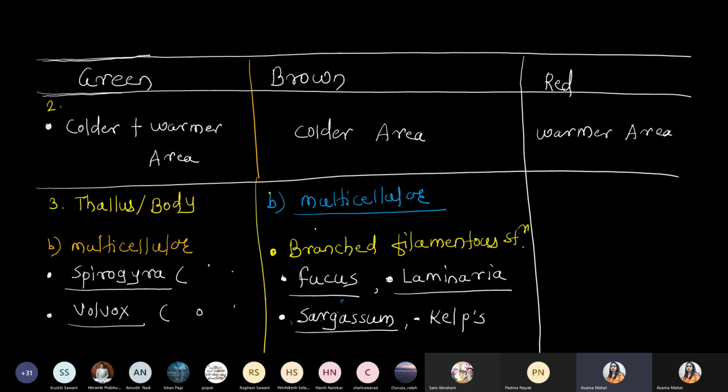So I'm writing the information. What is the meaning of kelps? Kelps basically are the common name for the brown algae. That's why we did not underline it. So Fucus, Laminaria, and Sargassum are the biological, botanical names for the brown algae, so please underline those words. But kelps is basically a very common name.